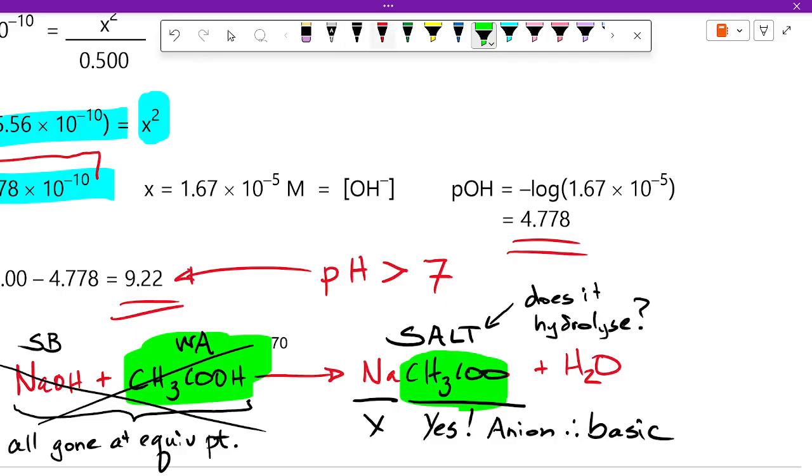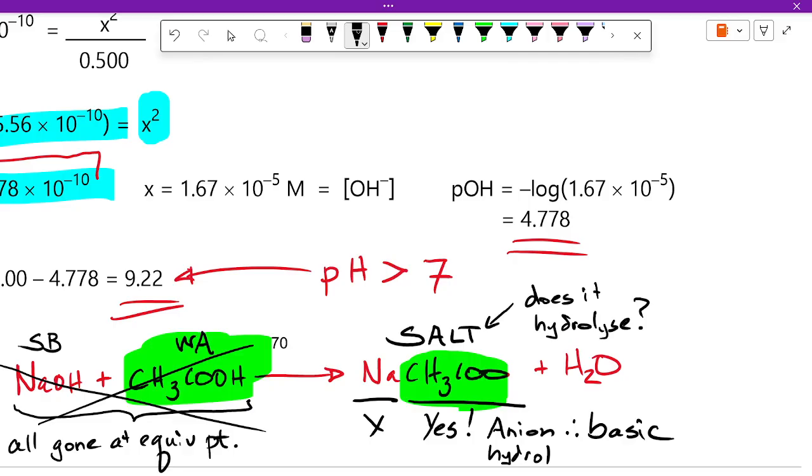Okay? I can just think of it as like this strong. Yes, you can think of it that way, but what if I ask you to explain why? Could you say it's basic at the equivalence point because the base was strong and the acid was weak, and so the base overpowered the acid? I have read this so many times. Is that a good explanation why?